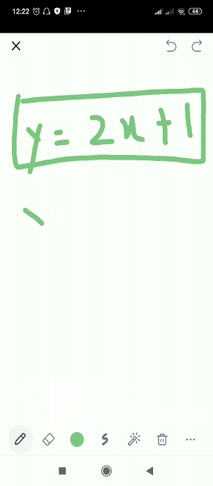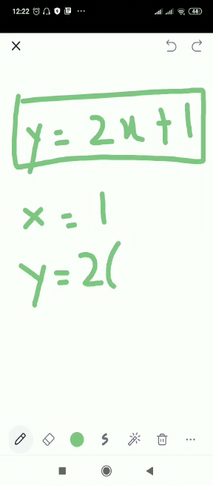For example, if you first think that x is equal to 1, then you're going to put this x value in the equation. Now you will put this x value in the equation and then find your y value. So y is equal to, suppose you take 1, so in place of x you're going to write down 1 plus 1.